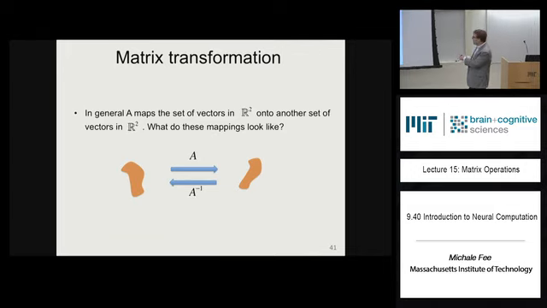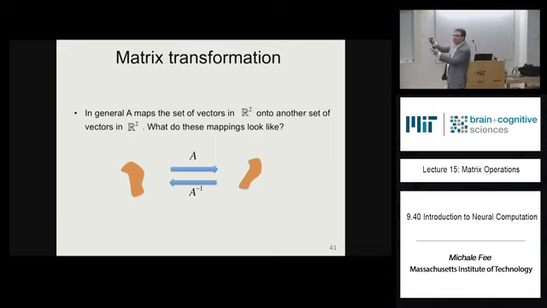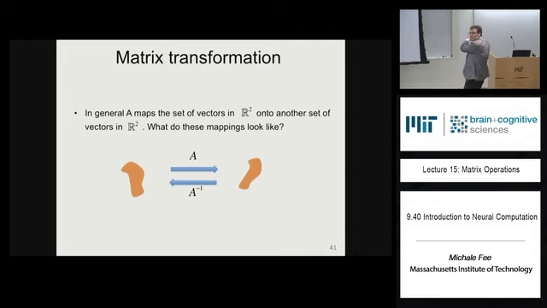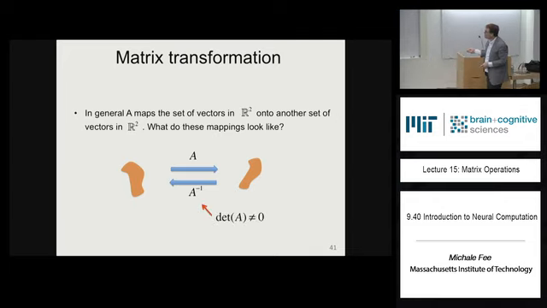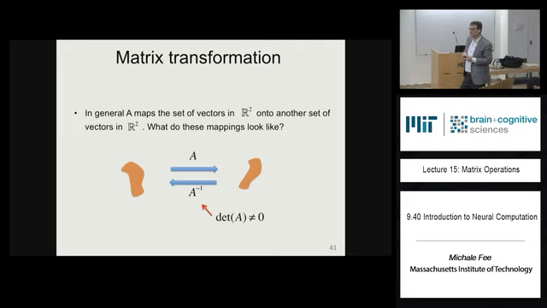Okay? And if you multiply that other vector by A inverse, you go back to the original vector. Okay? So this matrix A implements some kind of transformation on this space of real numbers into a different space of real numbers. Okay? And you can only do this inverse if the determinant of A is not equal to 0. All right?